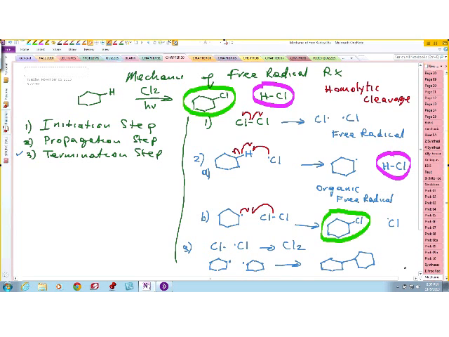So this would be an organic byproduct. That would be an organic byproduct, yes.